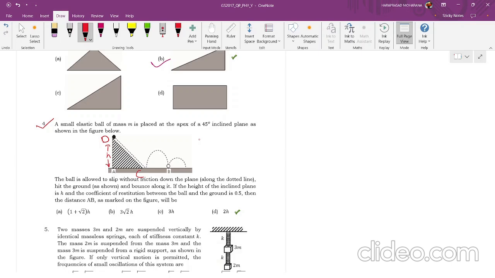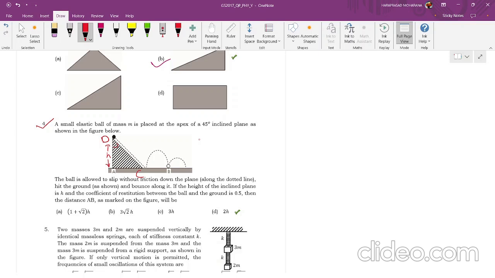So this is a 45-degree incline. The ball is allowed to slip without friction down the plane, hit the ground and bounce along it. If the height of the inclined plane is h and the coefficient of restitution between the ball and the ground is 0.5, then find the distance AB as marked on the figure.